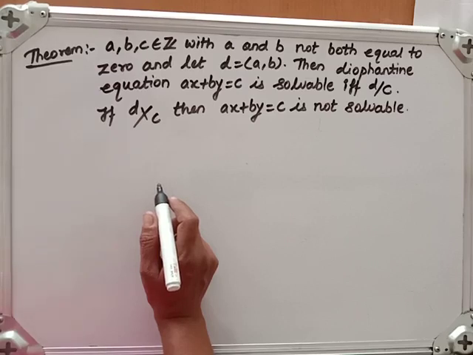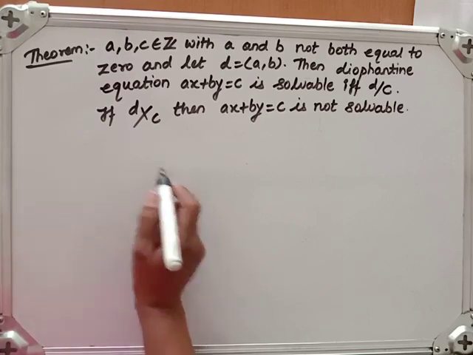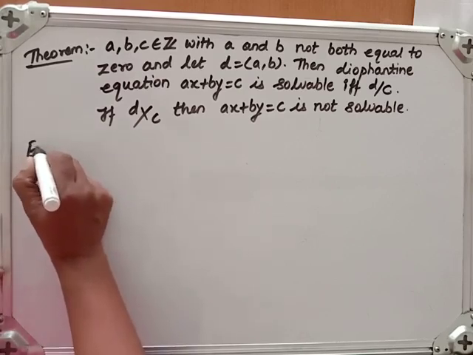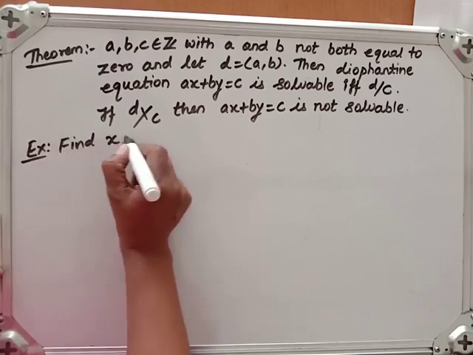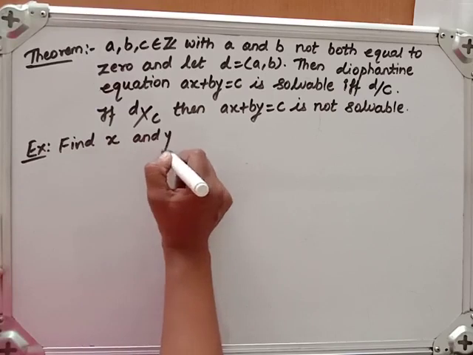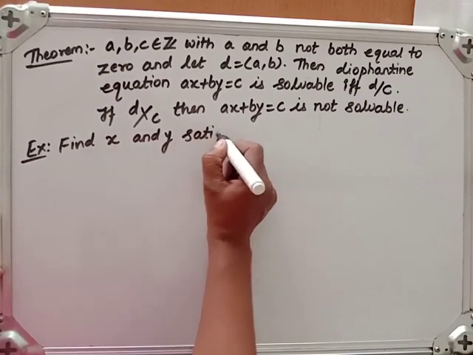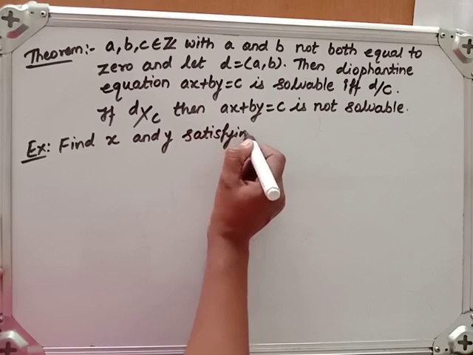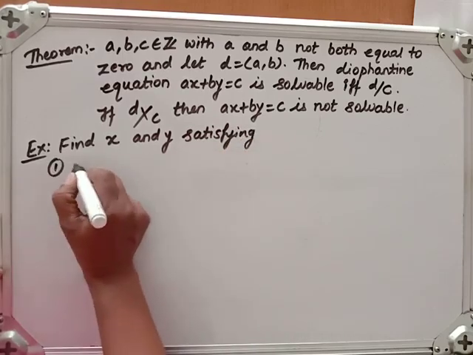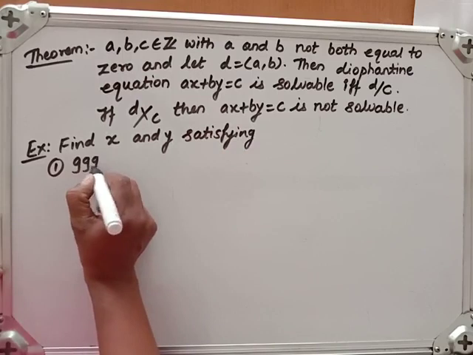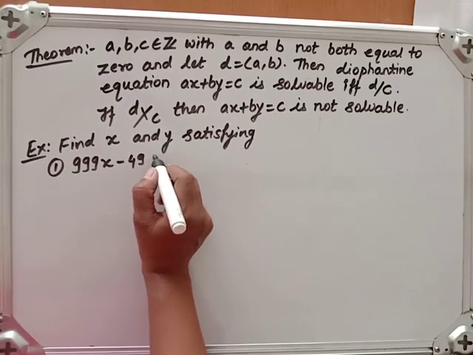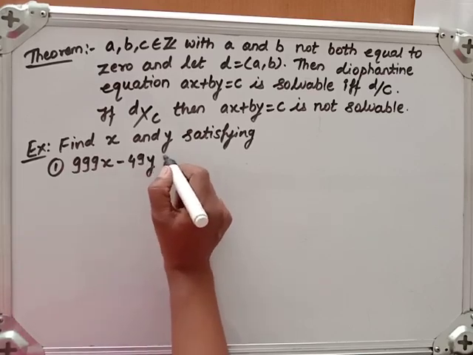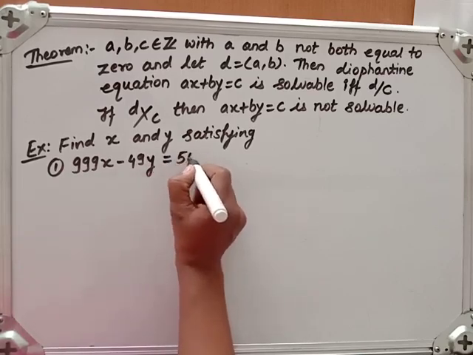Now let's take an example. Find x and y satisfying 999x minus 49y equal to 5000.